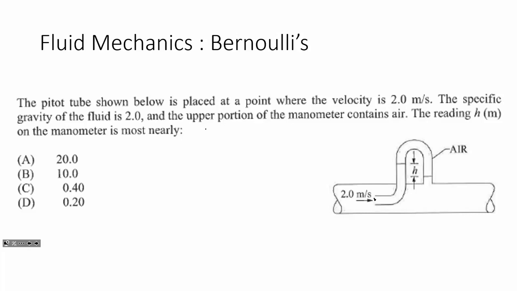So we can apply Bernoulli's equation here at 2 points. If we have a streamline that runs through the center of this pipe, we'll call the stagnation point of this pitot tube point 1, and then directly under this other arm of the manometer will be point 2.